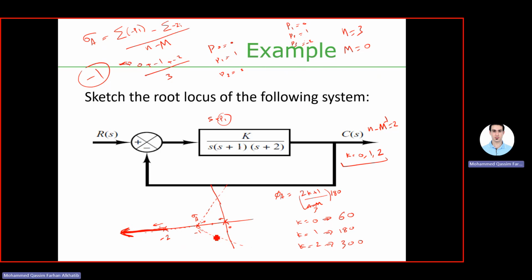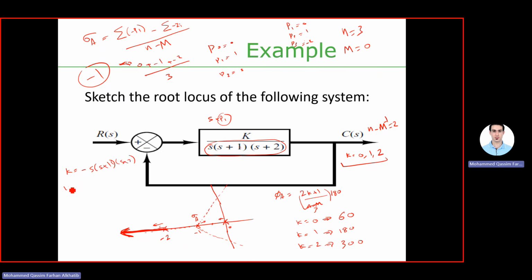There will be an intersection. Actually, there is an easier way to find it. You just look at this, my characteristic equation. Even when you do the feedback, you'll get that same thing in the denominator, plus k. So you just make k equal negative that thing. S plus 1, S plus 2.